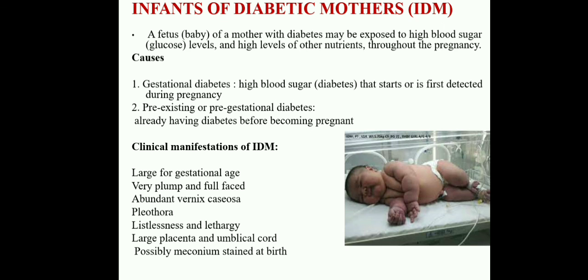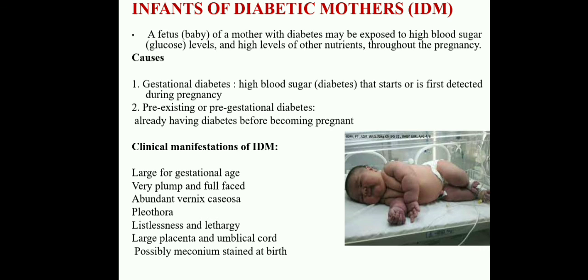What are the clinical features of this infant of a diabetic mother? Whenever you are observing, the baby is large for gestational age, more than 4 kgs in weight, and very plump and full faced. Look at that picture, how the baby looks: very plump and full faced, with abundant vernix caseosa.